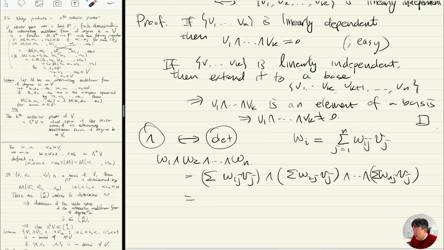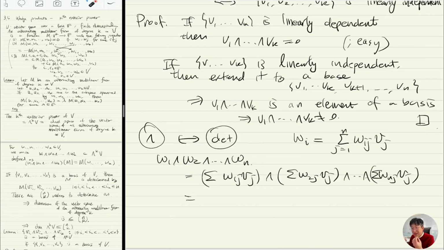Right? Now, if we expand it, then we have permutations. If we completely expand it, there's no need to worry about the case when you have a vi wedge vi somewhere, right? Because if two factors are equal, then you get 0.